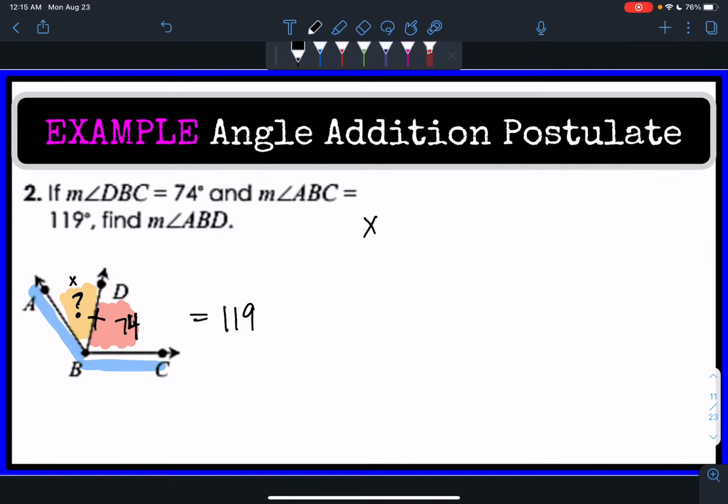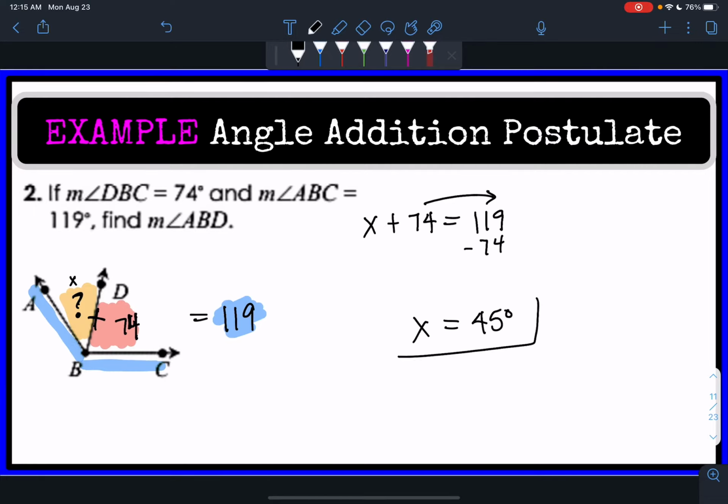So x, the orange one, added with the 74, the red one, has to equal the measurement of the entire thing, which is 119. Well, solving this equation, I just simply need to have my letters to the left, my numbers to the right. I get that x is equal to 119 minus 74, and 119 minus 74 is equal to 45. So this has to be 45 degrees.